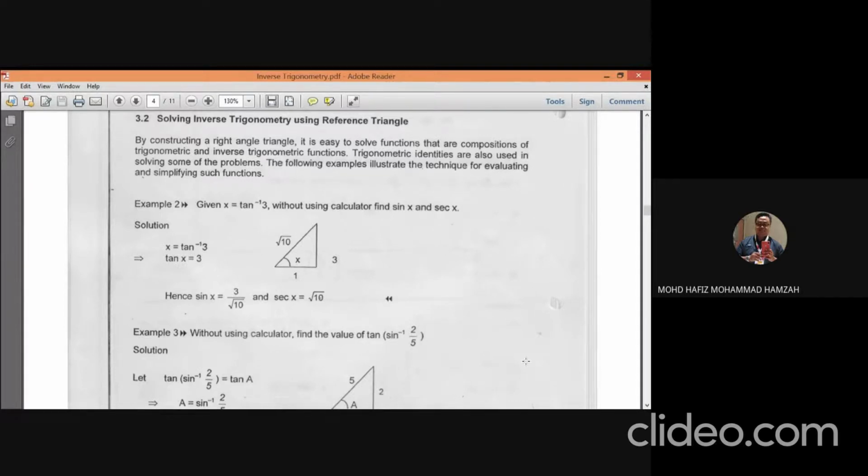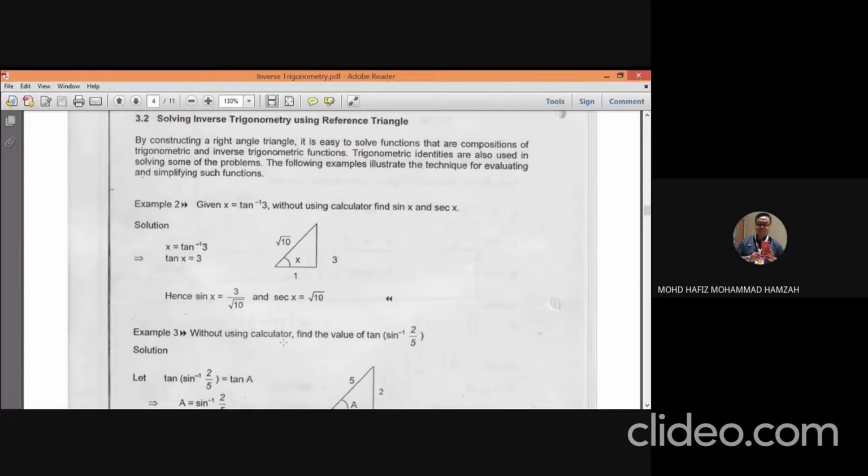Okay, so if you put tangent both side, asalnya x equal to tangent inverse 3. So kalau you letak tangent sebelah kiri, tangent x equal to tangent darab tangent inverse 3.